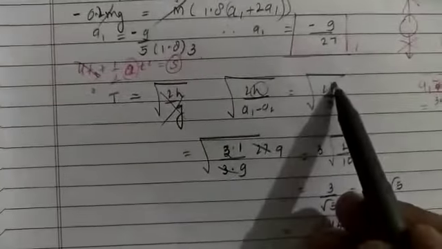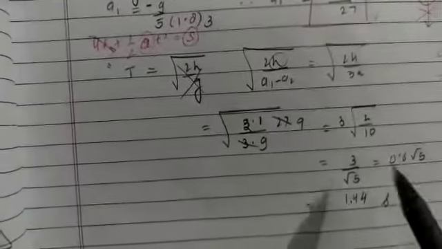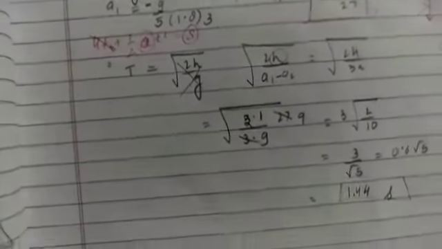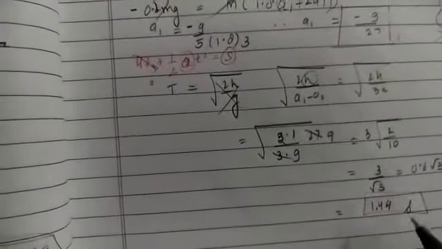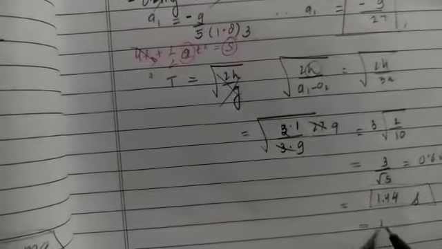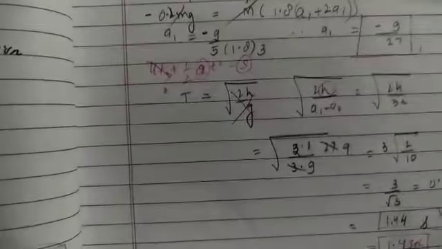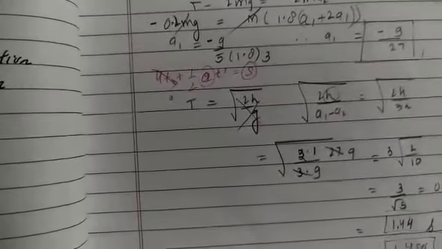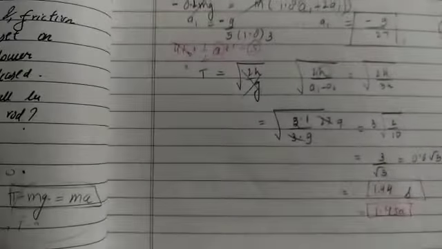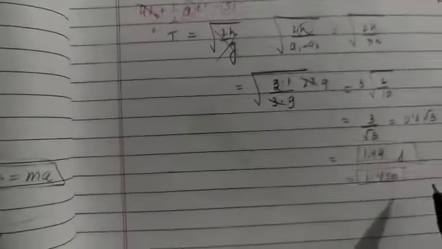So putting the values, we get the time is equal to this much, and on further solving it comes out to be 1.4 seconds. By just manipulating some of the variables or some of the real values, we get 1.4 seconds as the correct answer.